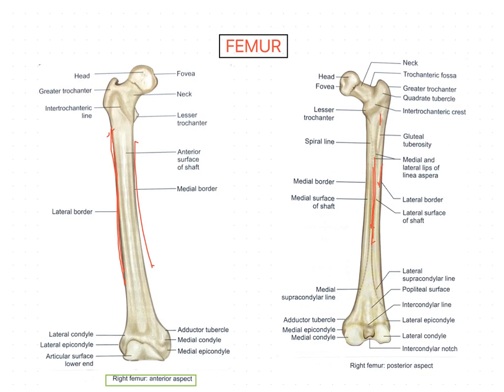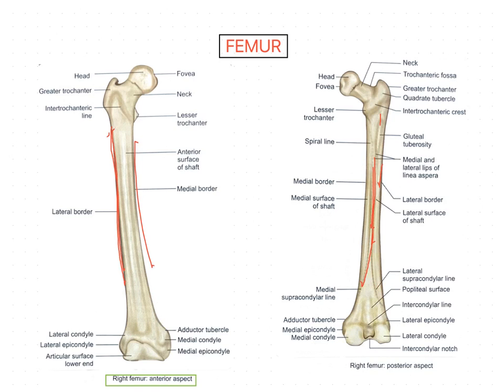These two lips diverge from each other as they are traced above and below. If you trace below, these two lips are separating, and in the upper part also they appear to be separated.